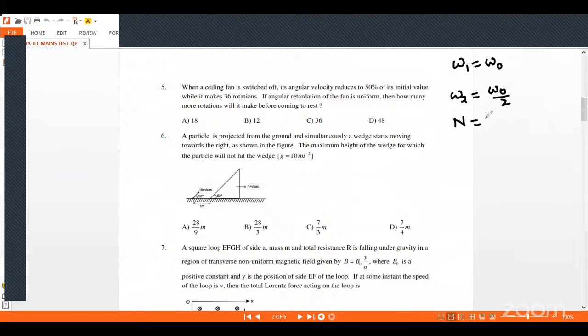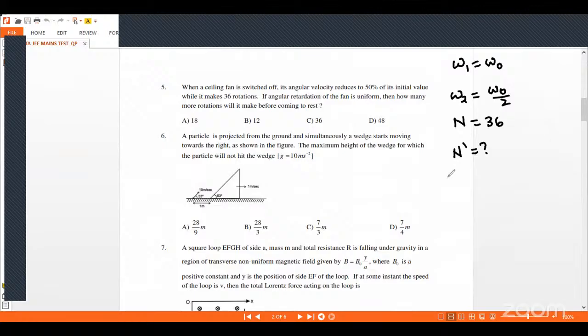Angular retardation of the fan is uniform, so we can write it as minus alpha. How many rotations will it make before coming to rest? Suppose n dash.